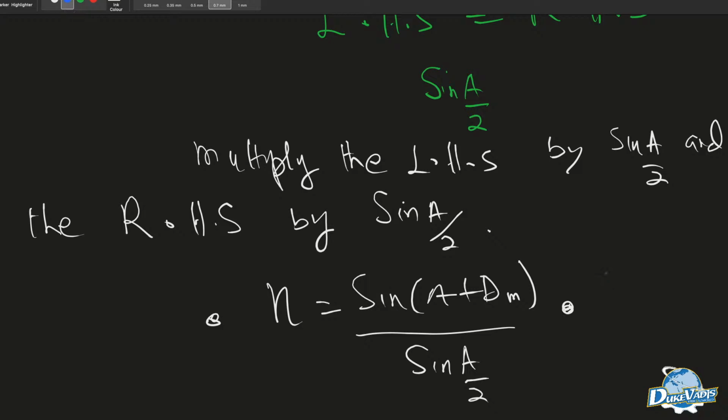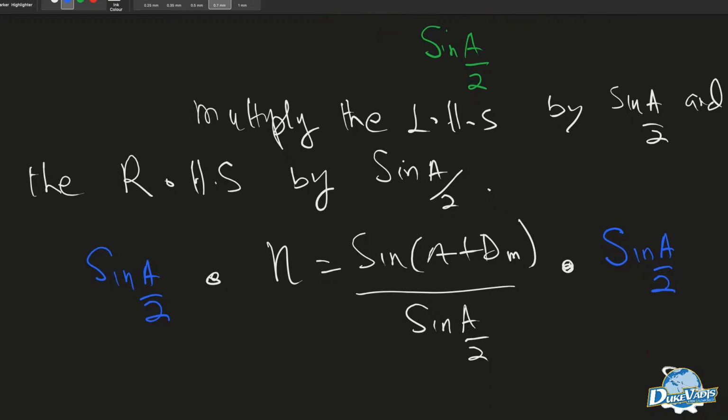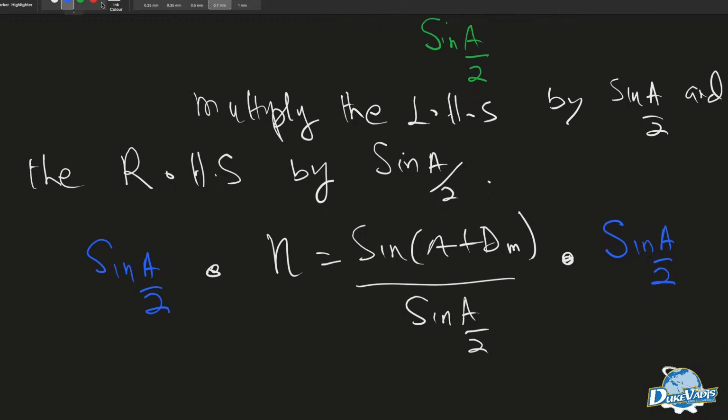So we are multiplying here by sine A over 2, then we multiply here by sine A over 2. Have you seen it? All we've done is multiply both sides by sine A over 2. Then we can cancel it easily, so this will cancel this.